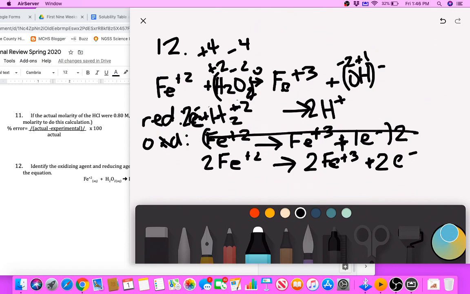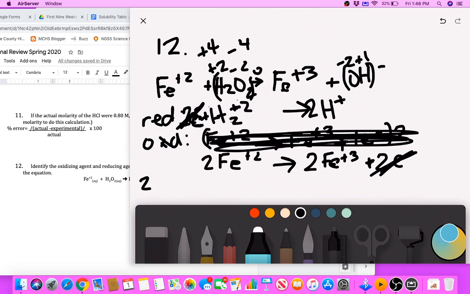Okay, so now we don't need this one anymore because we just got this new one. Now we can cancel out these negative electrons on both sides. And now we can add both sides together. On the left side of the arrow, we have 2 Fe2+ plus H2 with a +2 charge.